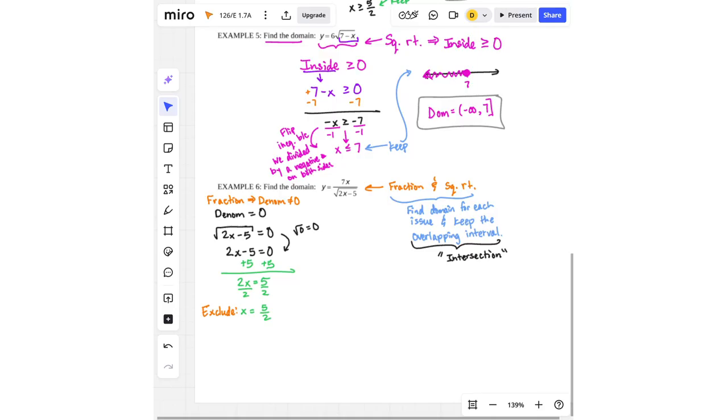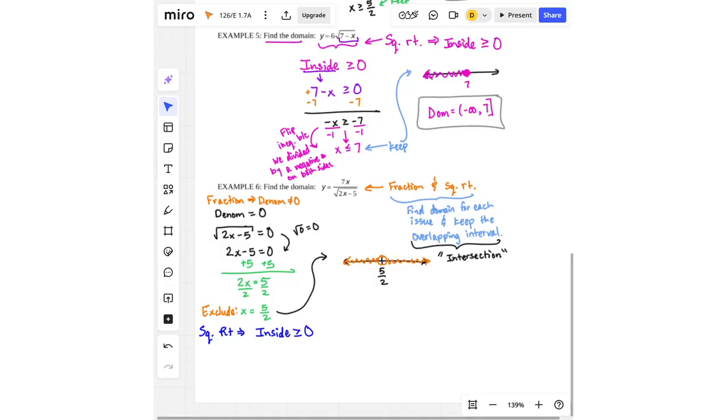So if we put this on a number line, here would be 5 halves. We would do an open dot at 5 halves because it's excluded, and then we can keep everything else. The next thing I'm going to look at is, because of the square root, the inside must be greater than or equal to 0.